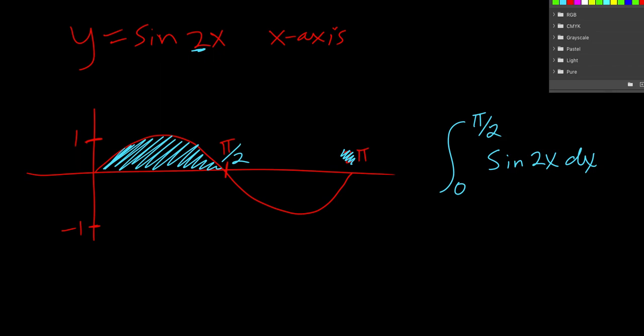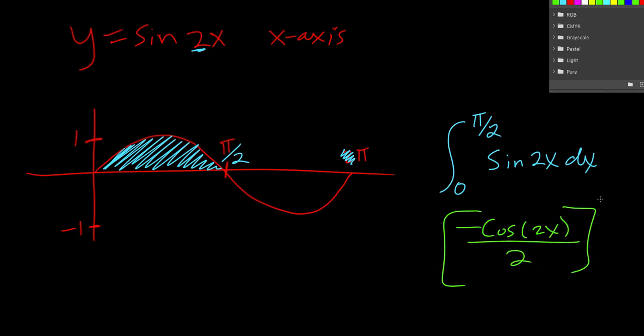Okay, so the antiderivative of sine is negative cosine. Keep the same inside, and then divide by the derivative of the inside. Then we evaluate from 0 to pi halves. Okay.